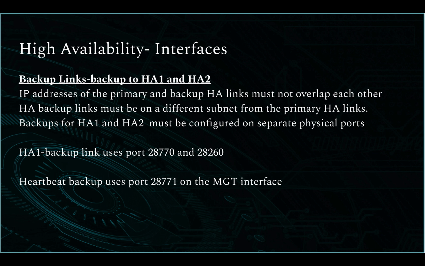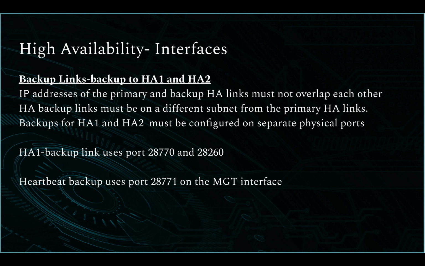Now, there are a few rules for the HA1 and HA2 links. In many situations, there will not be dedicated ports for these backup links. Normally with our HA1 and HA2 links, on most of the firewalls, there are dedicated ports that operate on the management plane.